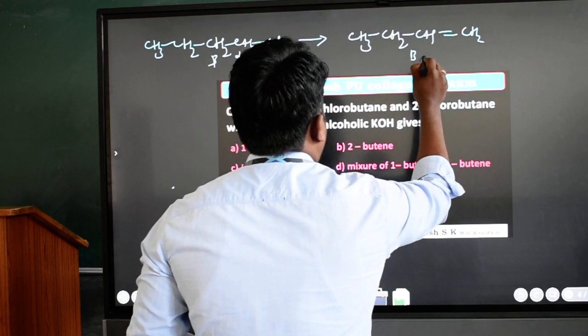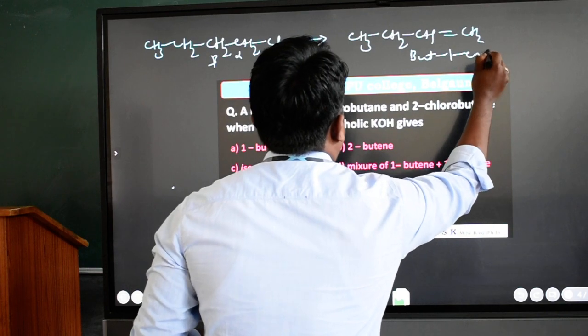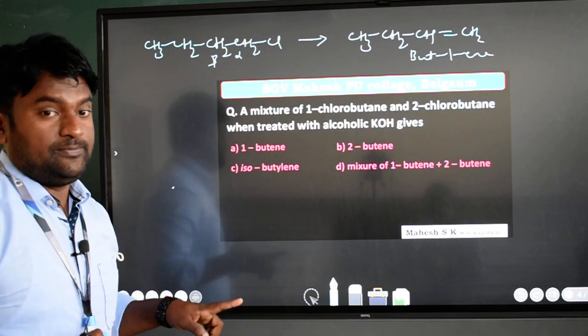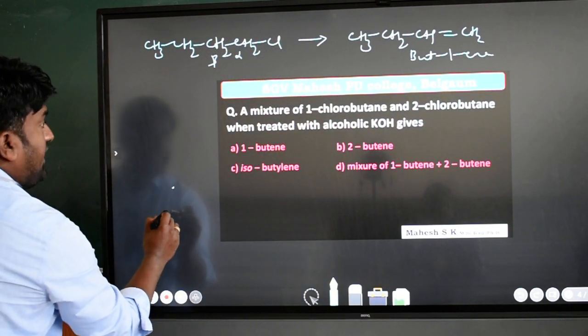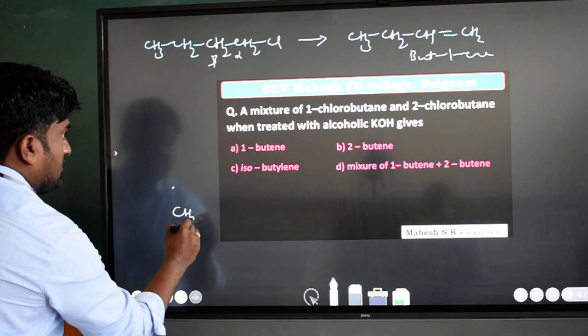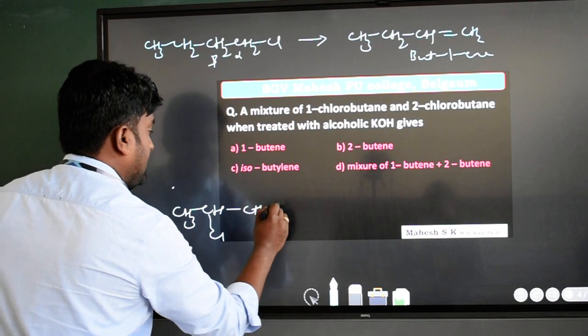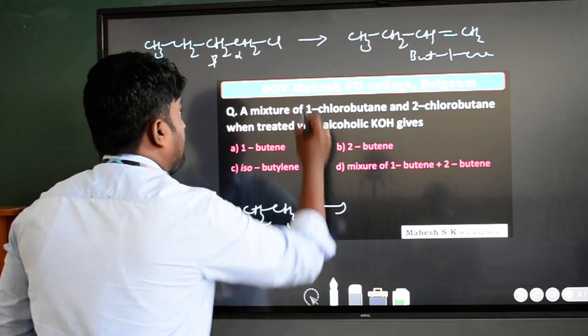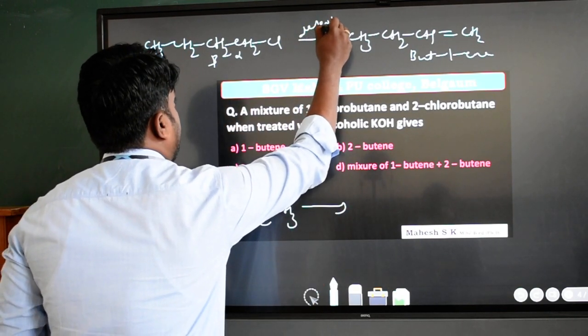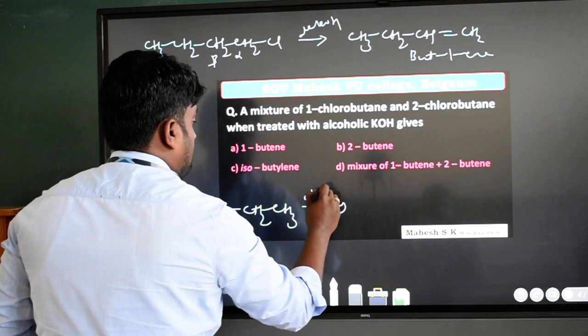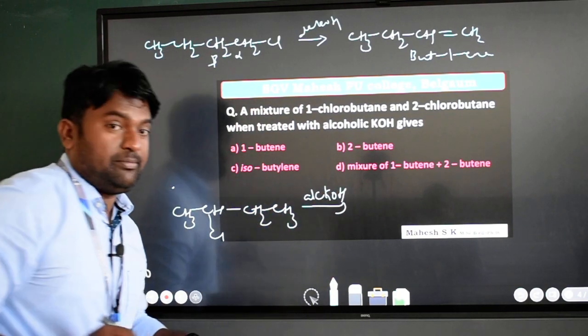Here we are getting but-1-ene when you use 1-chlorobutane. Similarly, if you take 2-chlorobutane, when you are using alcoholic potassium hydroxide, again it is an elimination reaction.